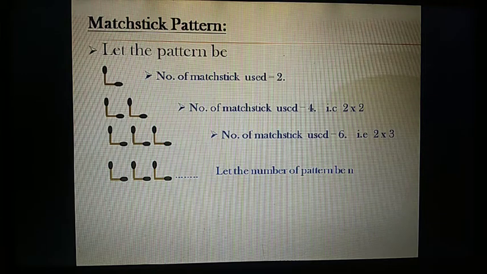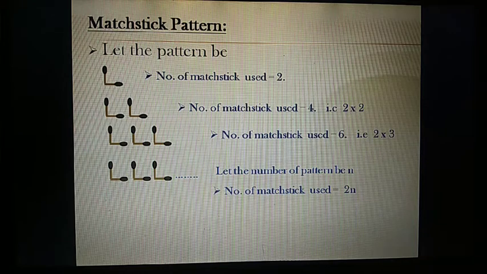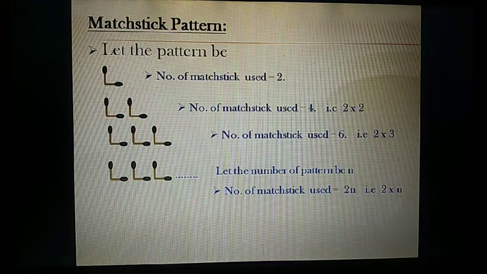Similarly, as there are n patterns, we will multiply 2 by n. That is 2 into n. This is a general rule which expresses that if the number of patterns given to you is 15, we can directly say that 2 into 15 is 30, which is the number of matchsticks used.